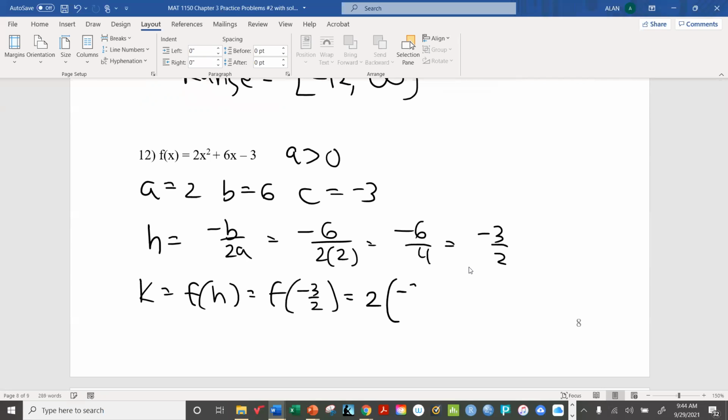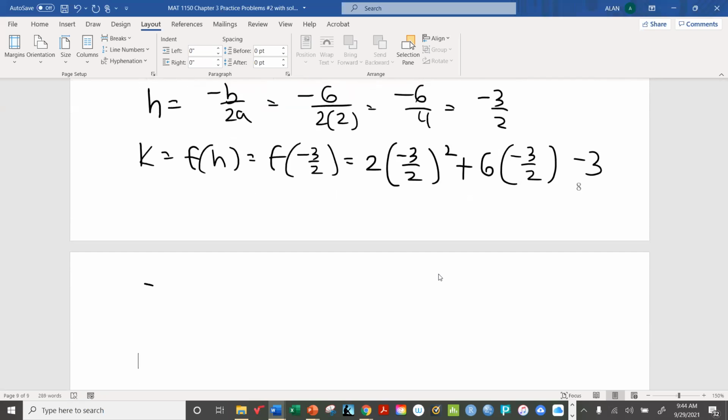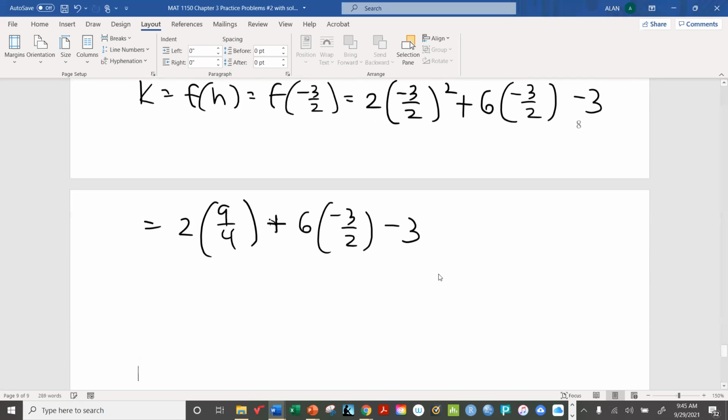So we have 2 times -3 halves squared, plus 6 times -3 halves, -3. And let's clean this up a little bit. 2 times 9/4. Now, 18/4 minus 18 halves minus 3.